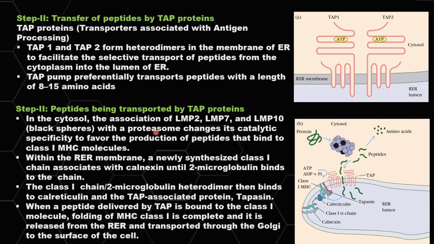In the cytosol, the association of LMP 2, LMP 7 and LMP 10, which are part of the proteasomal assembly, cleaves these peptides in such a manner that they can bind to the class 1 MHC molecule.